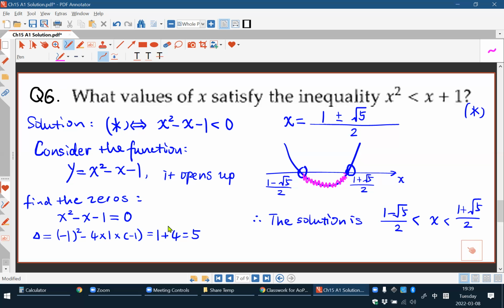And also note, you can also say from 1 minus square root of 5 over 2 to 1 plus square root of 5 over 2. This is just another expression of this interval. Okay, have a look at this question and let me know if you want to ask anything.